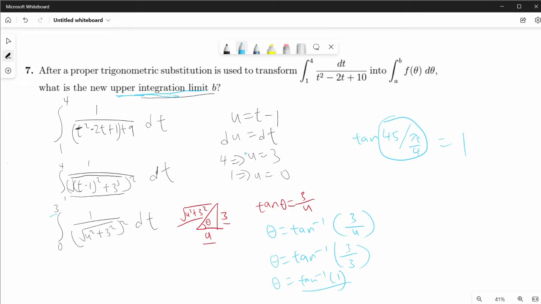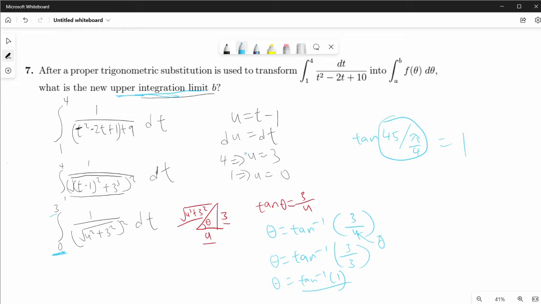But I want to bring attention to something. If we continue to do this, you'll notice that for the lower bound of the limit of integration, it's 0. And if you plug 0 in for u, it doesn't work. It's divided by 0. That's not how algebraic math works.